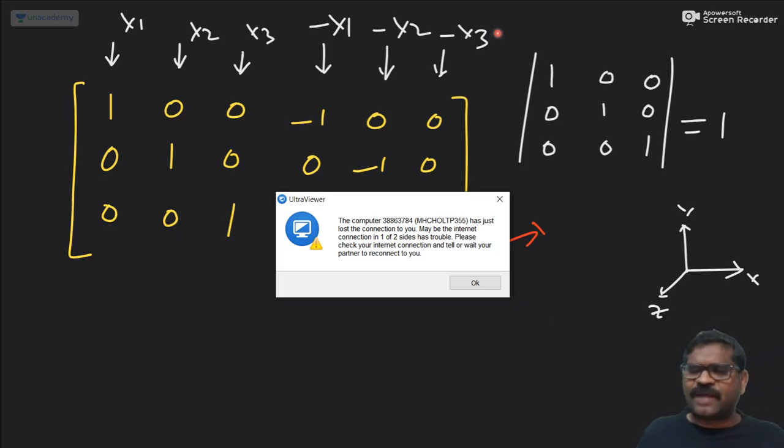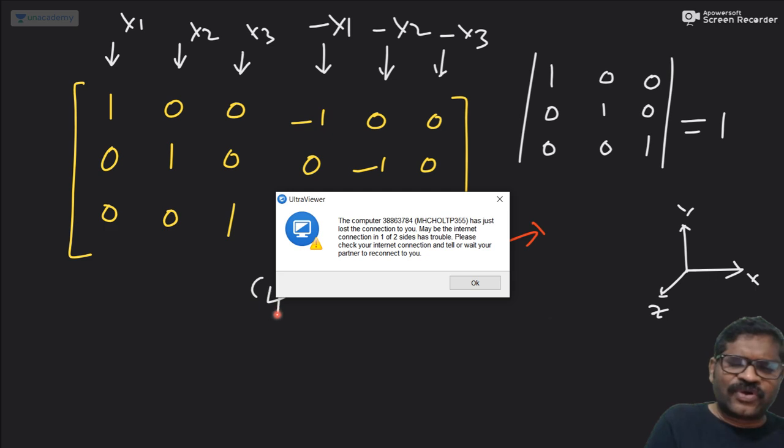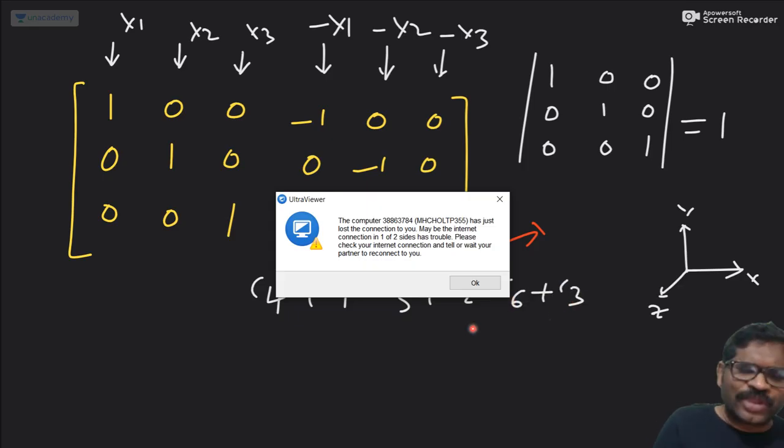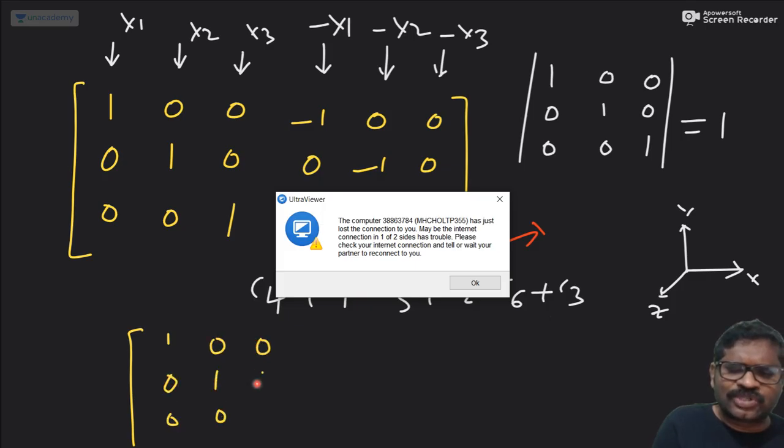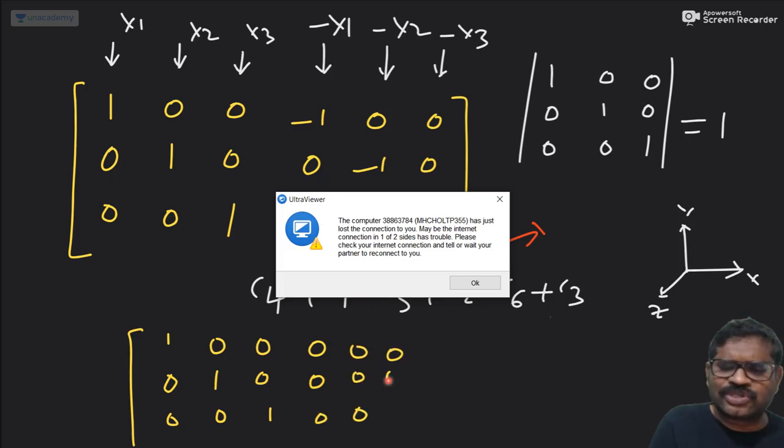If you apply the operation c4 plus c1, c5 plus c2, c6 plus c3, you are going to get 1 0 0, 0 1 0, 0 0 1, 0 0 0, 0 0 0, 0 0 0.